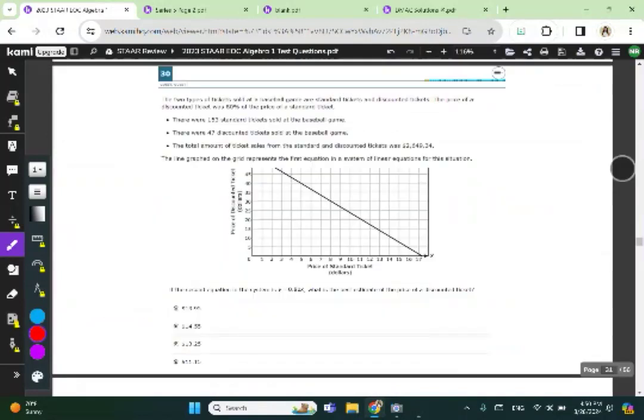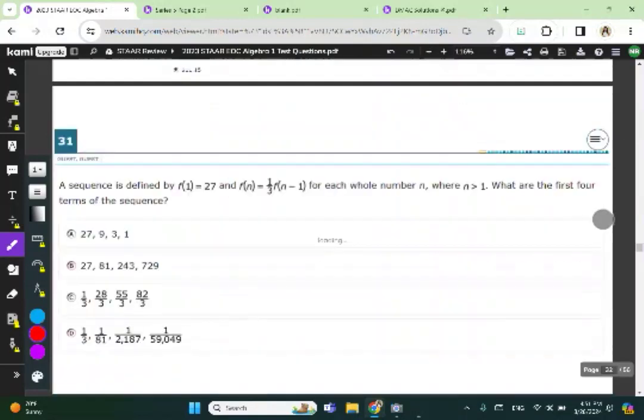Let's find it, 31. Now, the good thing about this one is it actually gives us the formula, so we can type that in. First things first, you know that f of 1, meaning where x is equal to 1, is 27. So the first number in the sequence is 27.